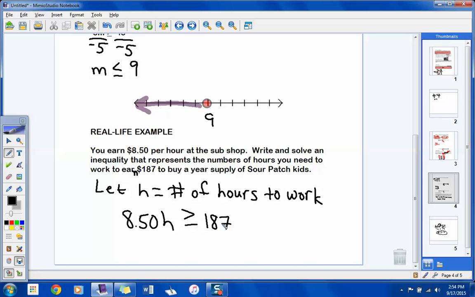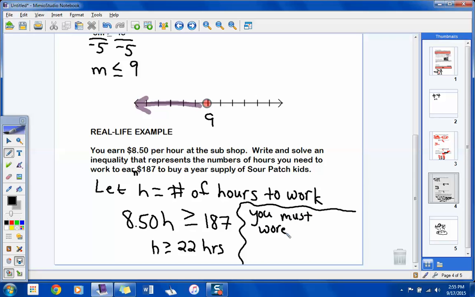So when you divide by 8.50, we get H is greater than or equal to 22 hours, which implies this: you must work 22 or more hours.